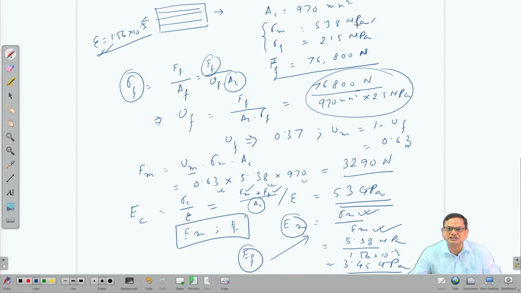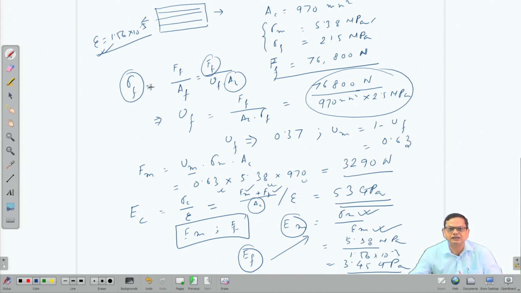You have also been given the stress experienced by the two components, the matrix and the fiber, and the load carried by the fiber. Okay. And then you have to find the volume fraction of the fiber. So how do you get the volume fraction of the fiber? Using these equations, which are again very simple.